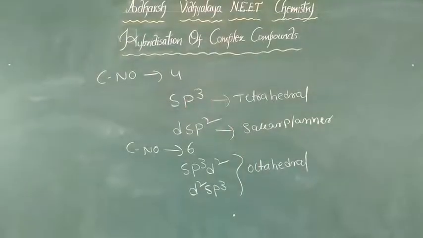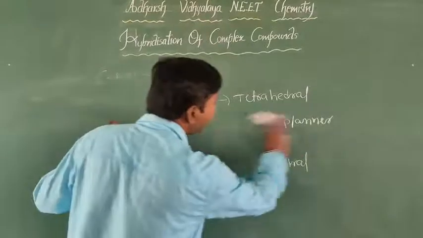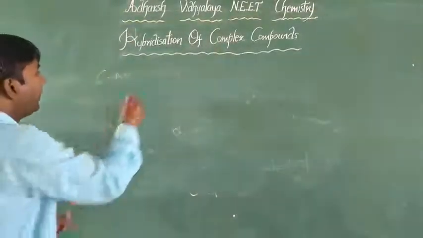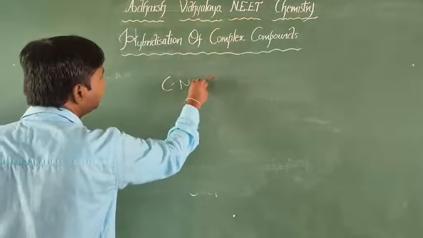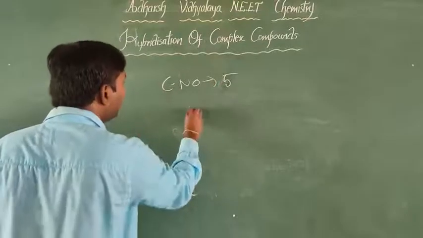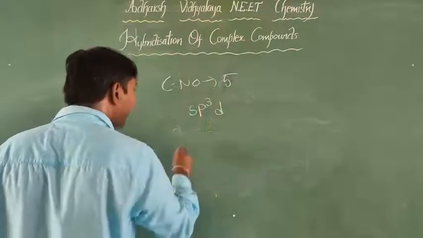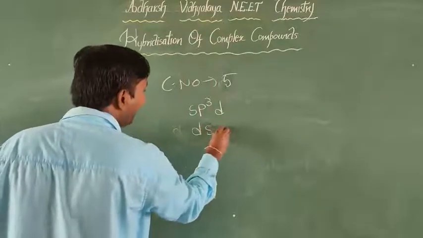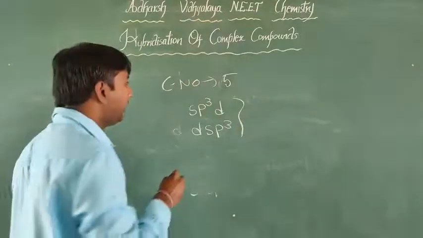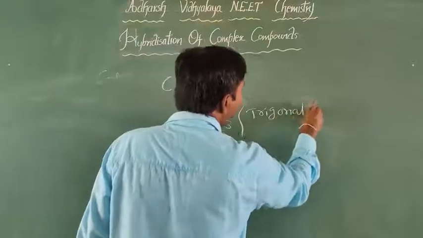Then coordination number 5 also, for example pentacarbonyl iron. Coordination number 5 has two types of hybridization, sp3d and dsp3. In these two, the geometry is trigonal bipyramidal.